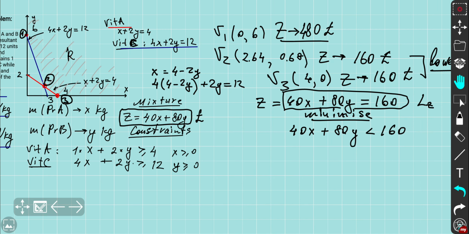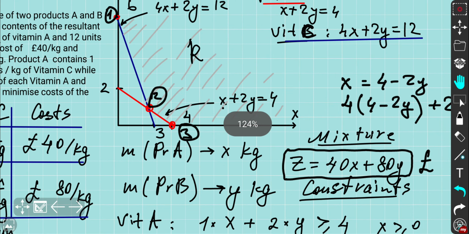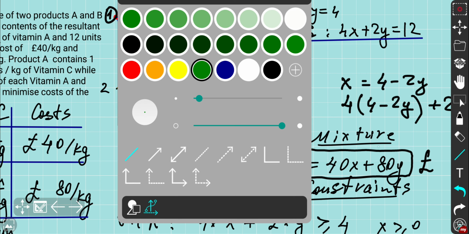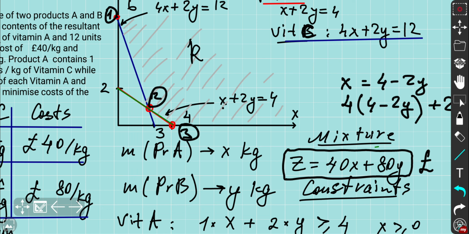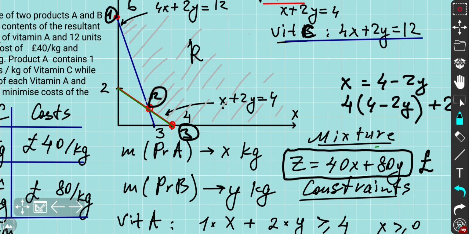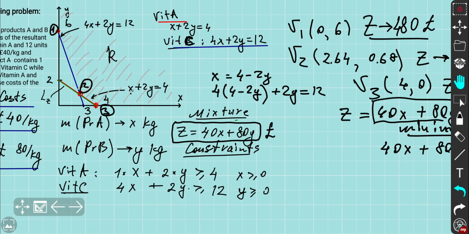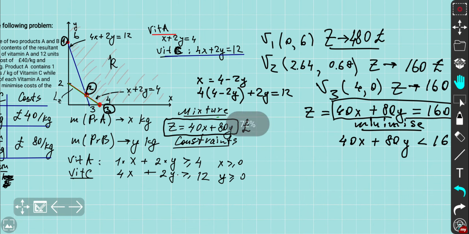If we set up that function over there, you can check, guys, that line is going to be on top of the red one. That means that the z function coincides with our red line for vitamin A. So that's also line Z with the equation 40x plus 80y equals 160.